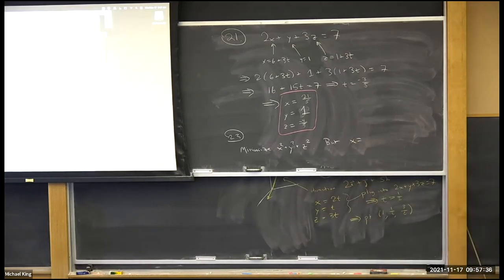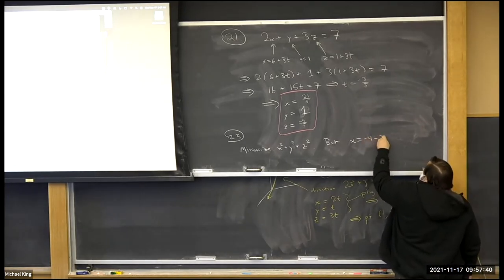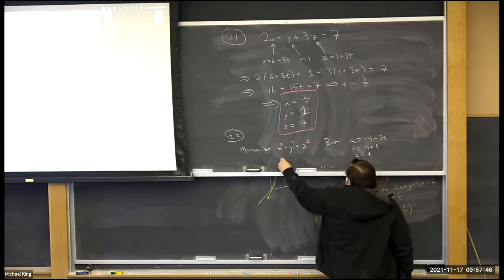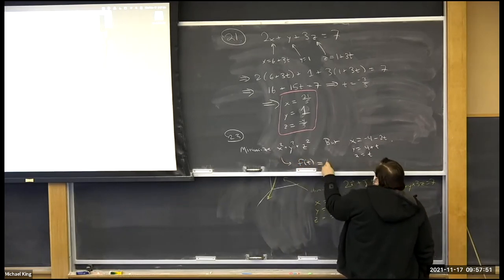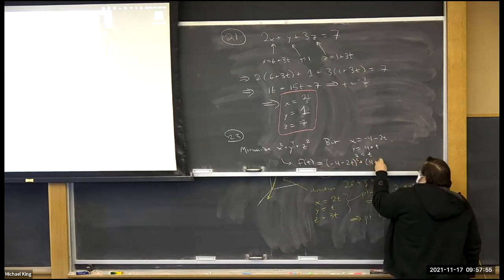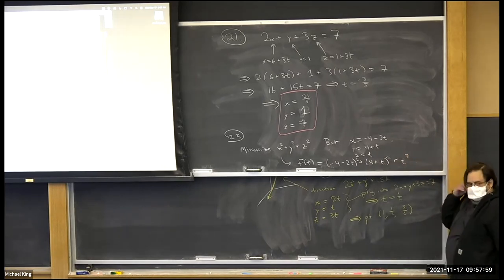I guess they're on it. Yeah, so if you plug those in, you get a function of one variable. And it's single variable calculus. So you get a single variable calculus problem that you can solve.